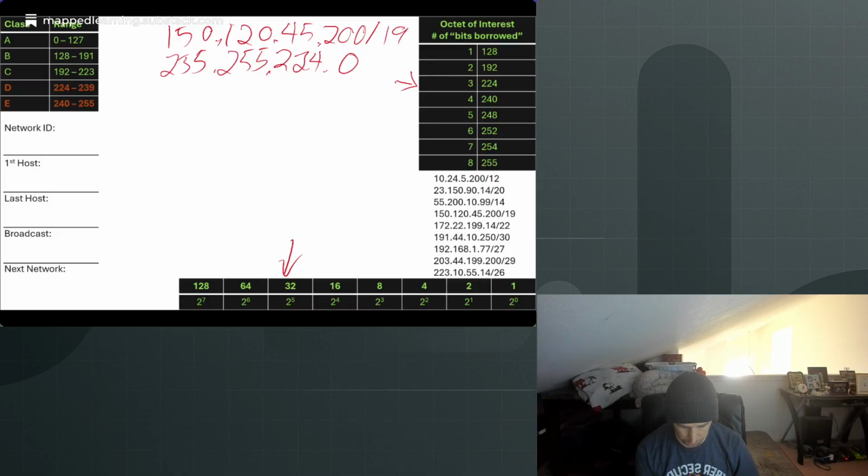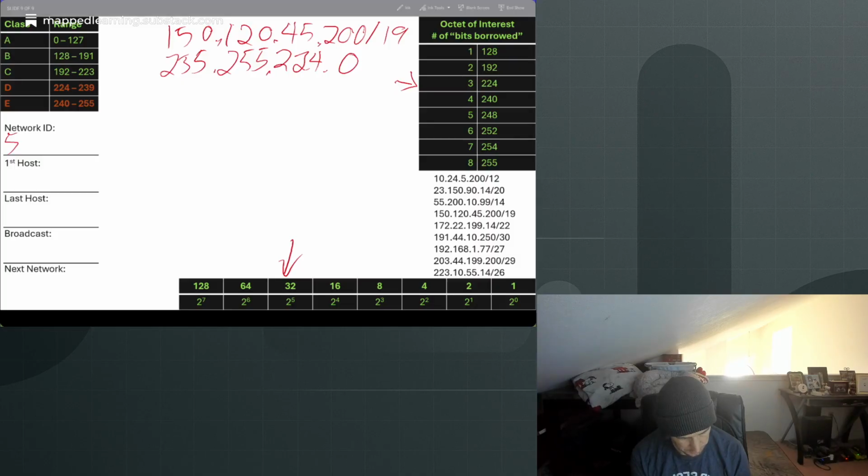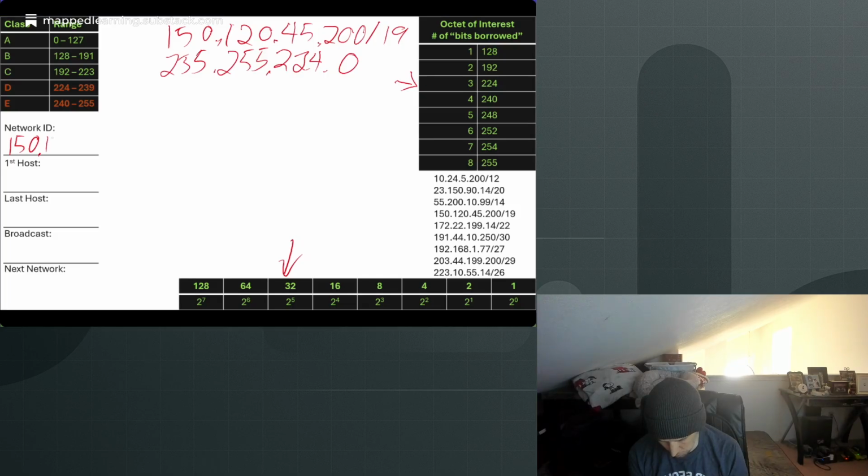Okay, magic number is 32. So the first network, let's try that again. 150.120. And if the magic number is 32, it's 32, then 64. So 32 and 64, 45 is between that. So this is the 32 network.